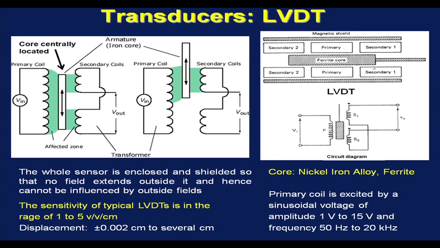Primary coil is excited by a sinusoidal voltage of amplitude 1 volt to 15 volts and frequency 50 Hz to 20 kilohertz. The whole sensor is enclosed and shielded so that no field extends outside it and hence cannot be influenced by outside fields.